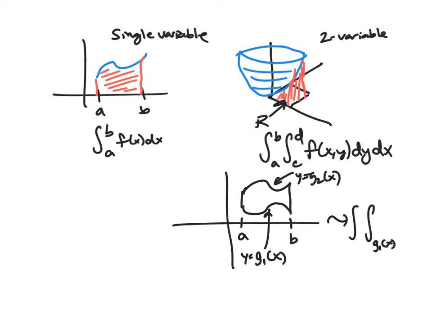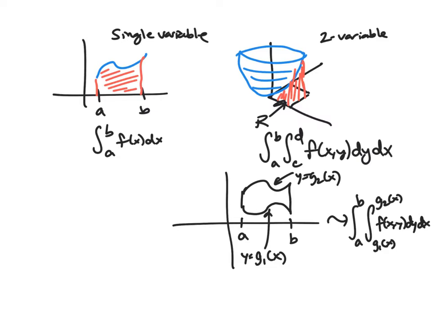So we put g1 of x as our lower bound, g2 of x as our upper bound for y, right? So we'd have our f of x y dy, and then we would do our numerical x bounds on the outside. And so the fact that the first integral will spit out some function of x, which will then spit out a number after the second one, means that yes, we're still going to get a volume, it's still going to be a number, and everything's going to work out.